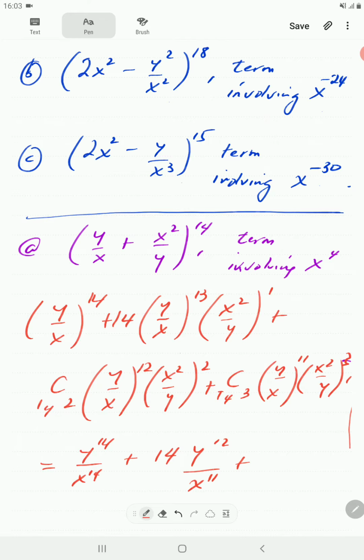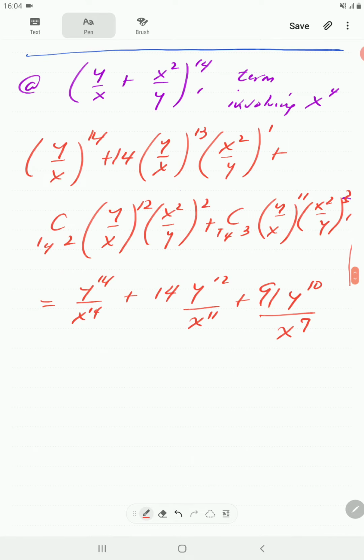Then combinations of 14 taking 2 at a time is 91. So 91 here, y to the power is going to be 12 minus 2, will be 10. And then here is going to be x to the power, it's going to be 7, I think.